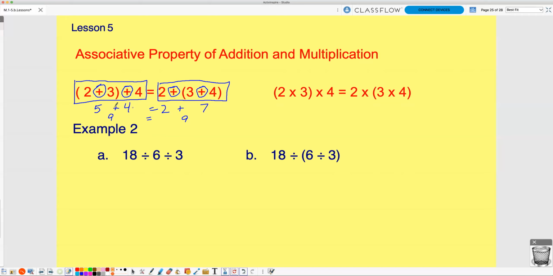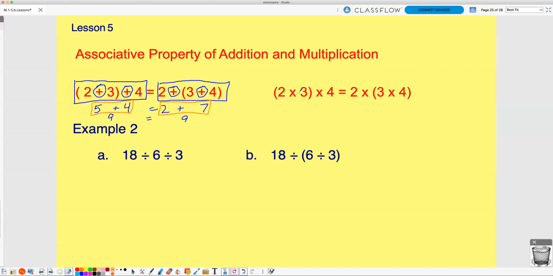You see that it ends up with two different kinds of equations. Here you'd have 5 plus 4, and in this one you'll end up with 2 plus 7. But what's the end result? They're both going to end up being 9 anyway. That's the associative property of addition.